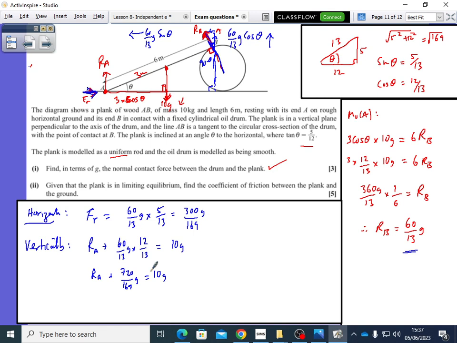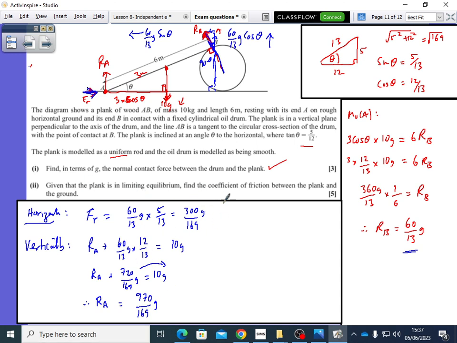So if you take that to the other side by subtracting it, RA is therefore going to equal 970 over 169 g. So that's RA.